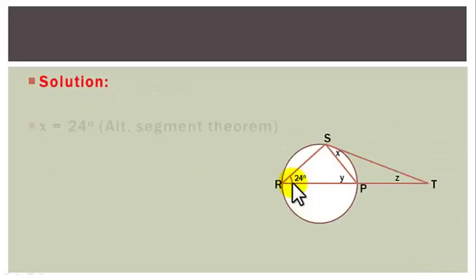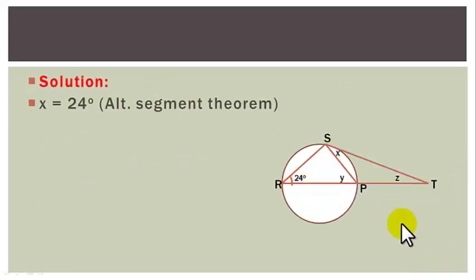Solution. Let angle PST be x. Then x is equal to 24 degrees by the alternate segment theorem. The alternate segment theorem states that the angle between a tangent and a chord drawn through the point of contact, that's this angle, is equal to the angle in the alternate segment.